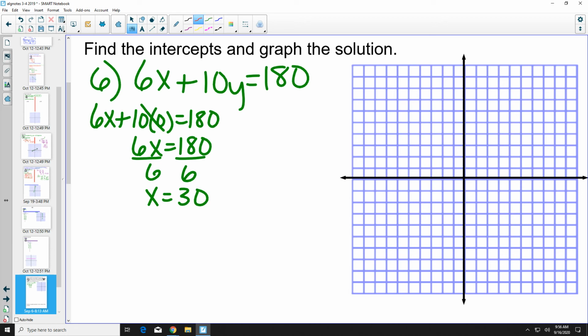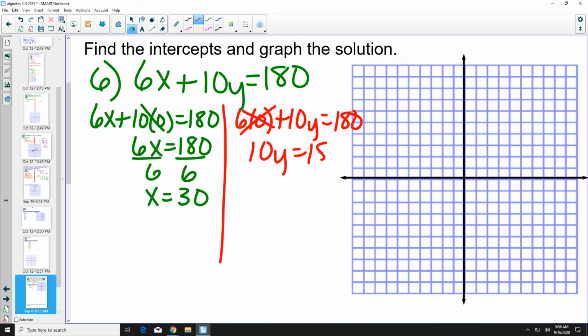Okay, good. Now to find the y-intercept, I'm going to put 0 in for x. So I'm going to have 6 times 0 plus 10y equals 180. So this would just be 0. I'd have 10y equals 180. Divide both sides by 10. I would have y equals 18.